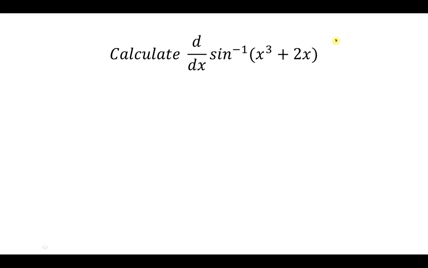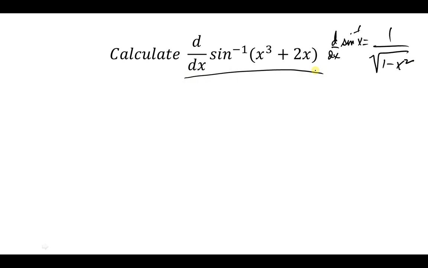Remember, d/dx of inverse sine of x is equal to 1 over the square root of 1 minus x squared. Now obviously in this problem we're going to have to use the chain rule. Our u is going to be x cubed plus 2x.